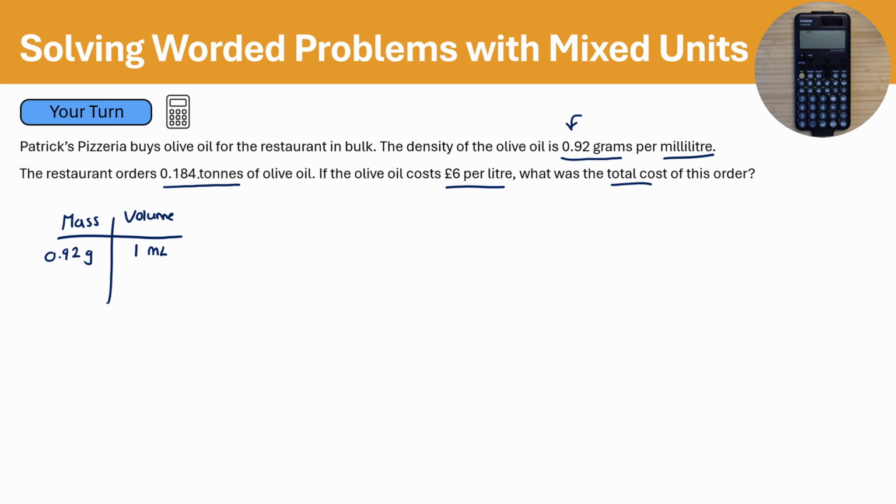The restaurant orders 0.184 tons of olive oil. So they've given us the mass that they've ordered, but they've given us it in tons, not in grams. What we want to do, we want to turn that 0.184 tons into grams. And what we need to know is that 1 ton is 1,000 kilograms.